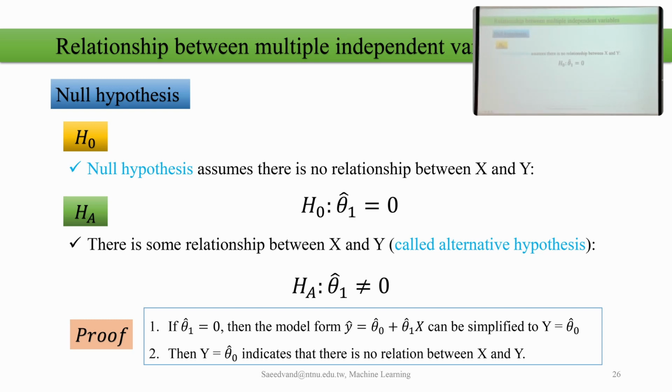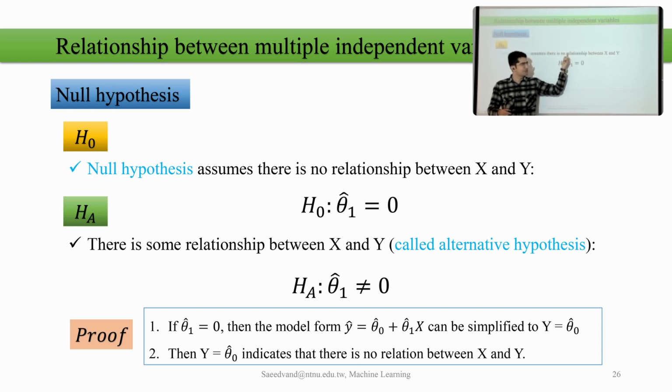You give X as input and Y as output, and there is a relationship or there is not. How do we show it? We write H0: theta hat 1, the slope, equals 0. It's not that clear at first, but I will explain.